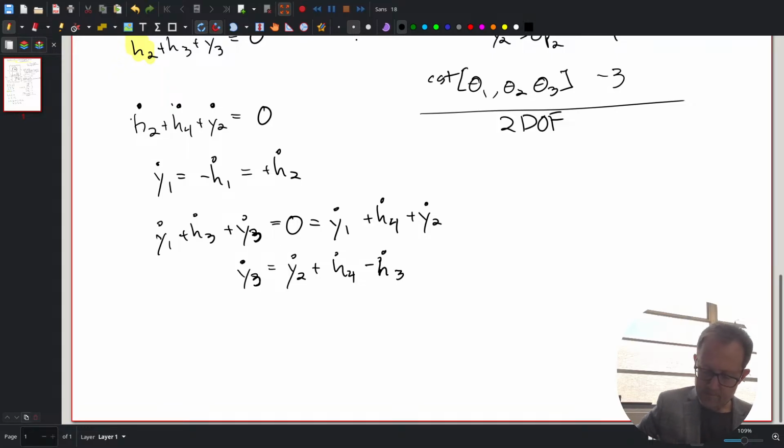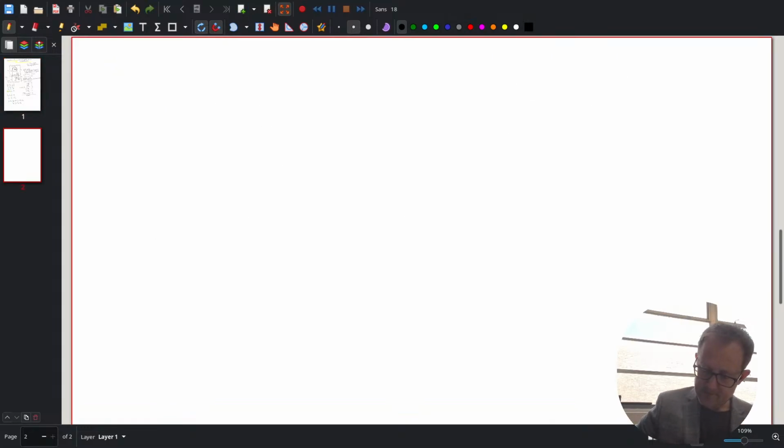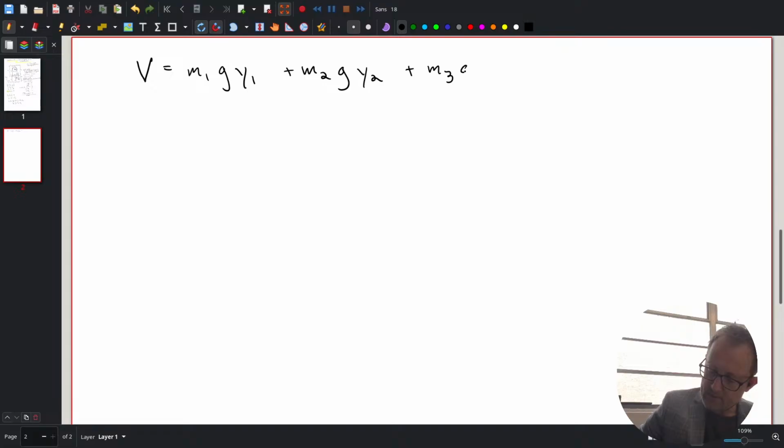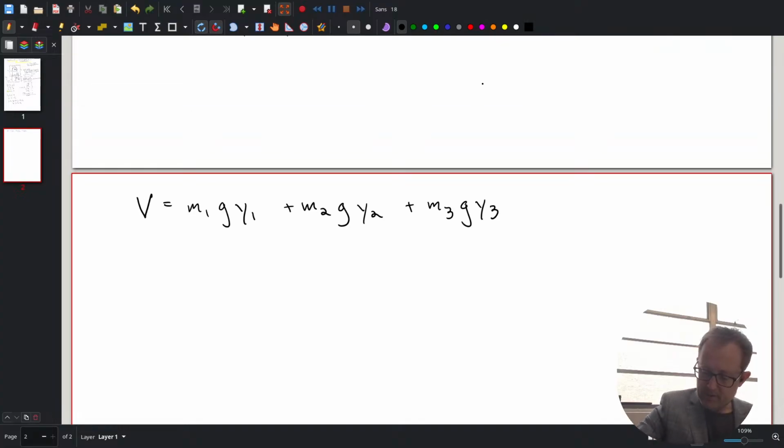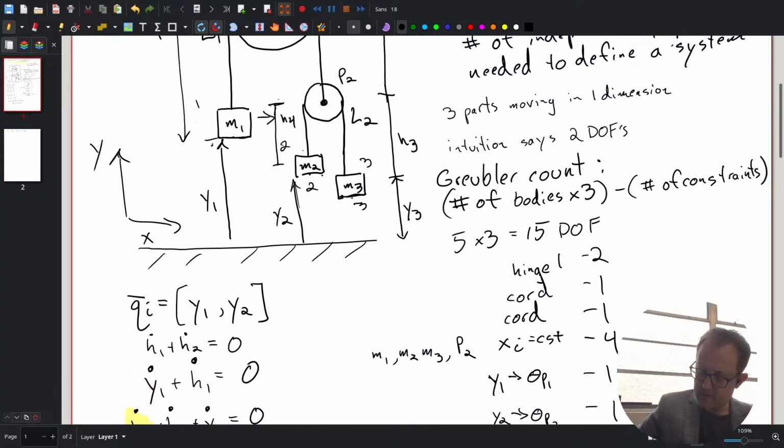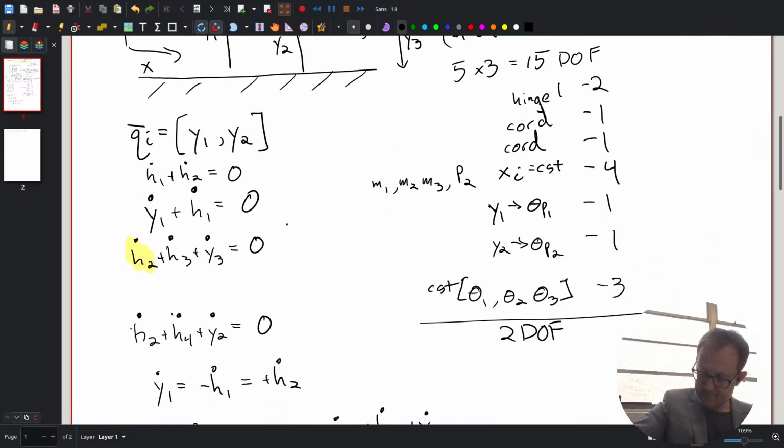Okay, come back to this if we need to. So now, potential energy is m1 g times y1 plus m2 g times y2 plus m3 g times y3. But we already figured out that y3 has to be related to y2, that it's got to be H2 and H3.